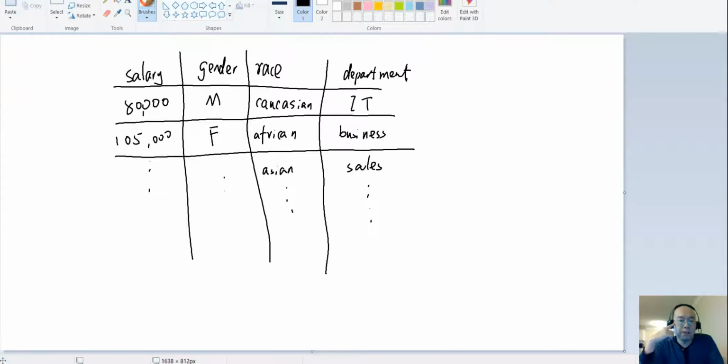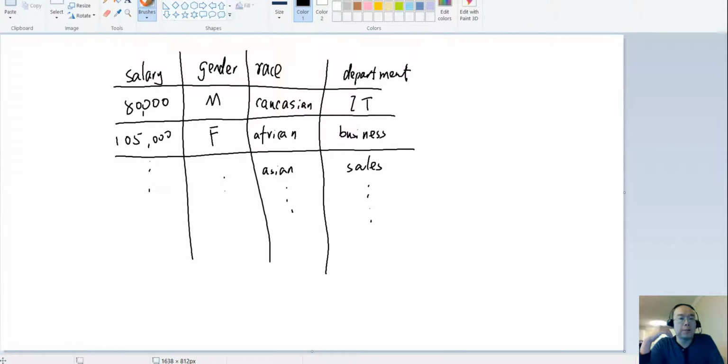Okay, you may say for the numerical features we can keep them, right? So for salary we just keep that, and for gender we apply the one hot encoder, or we can say if it is true then that is male, and if it is false it is female. Because gender is binary data, we don't have to worry about it too much.